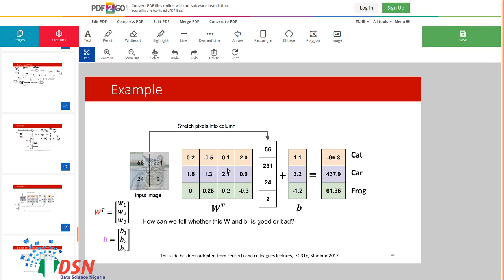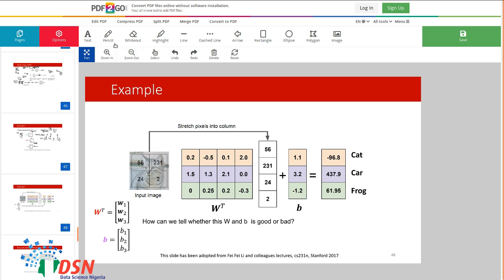Okay, so how do we calculate them? Let's say we have again cat, car, frog classes, and this is the input image. We just vectorize that image here, so we have 56, 231, and so on. For each class we have a row in the weight matrix.